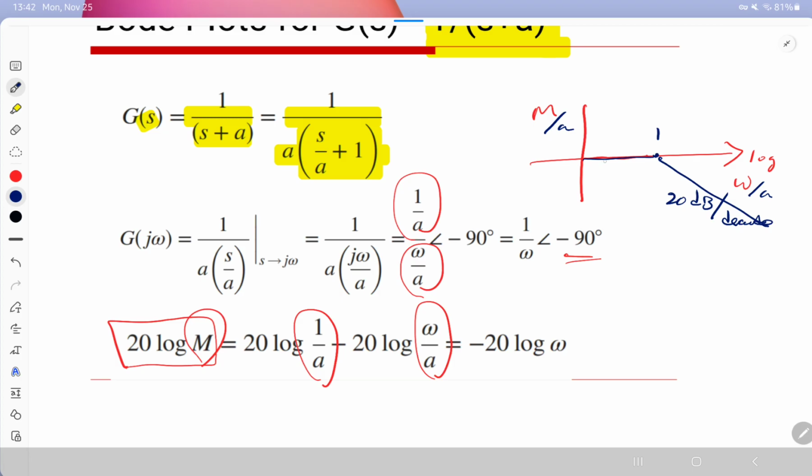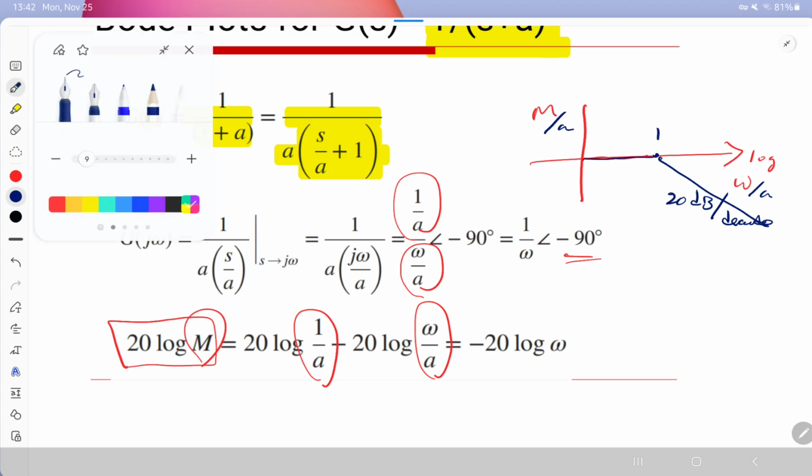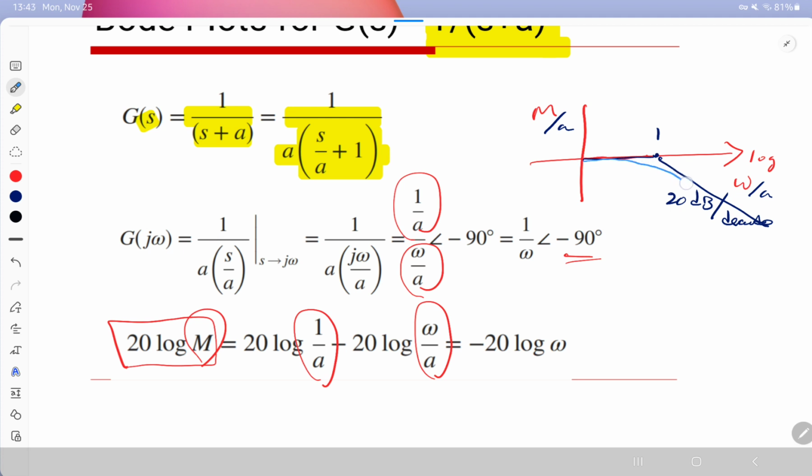This is your asymptote. For a real graph, you will end up looking like something like this with approximately minus 3 dB down.